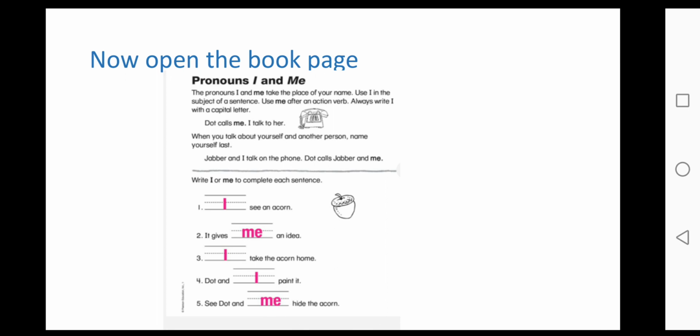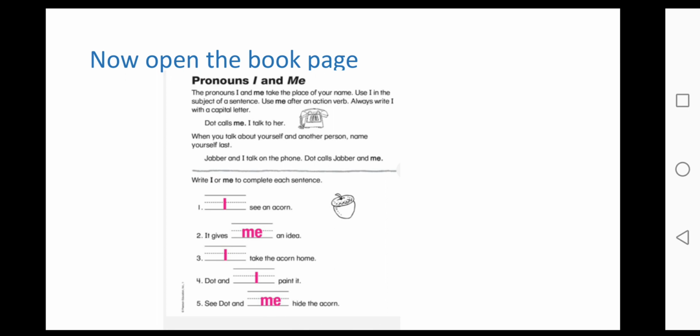Use I in the subject of a sentence. So if you are the subject of the sentence, you say I. Use me after an action verb. You use the pronoun me after an action verb.